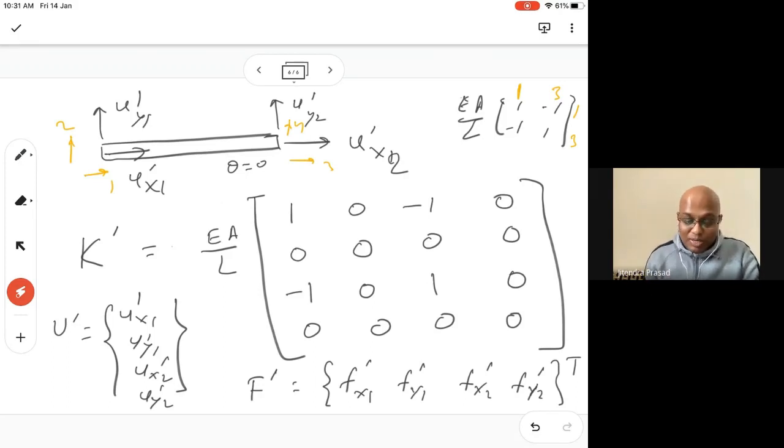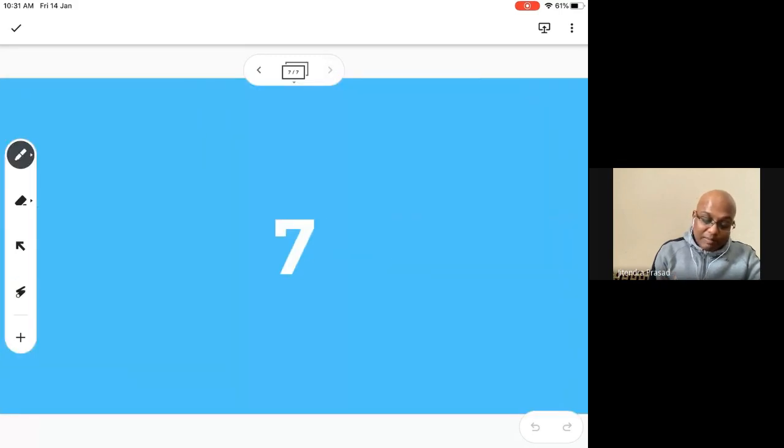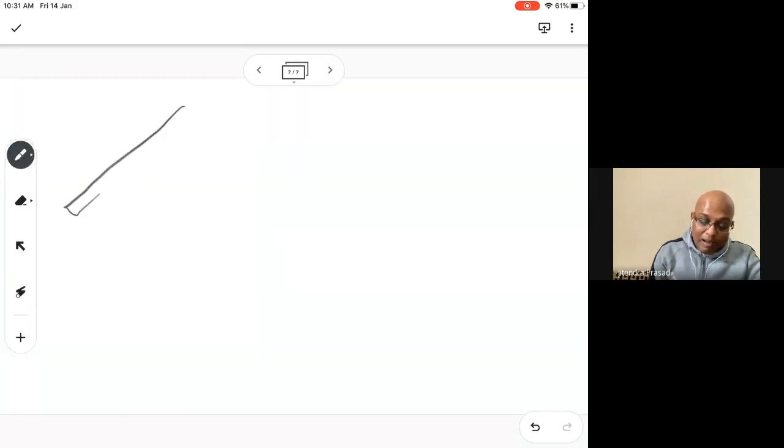Before we rotate it, what is the meaning of that? Now we are rotating, so instead of having it like this, our system is now like this. It is the same element, we just rotated it that way, and we have theta like this.